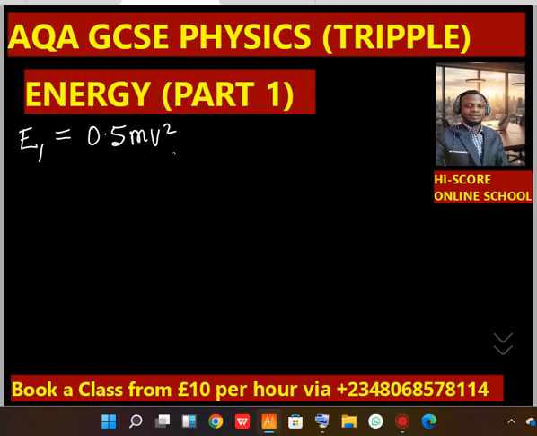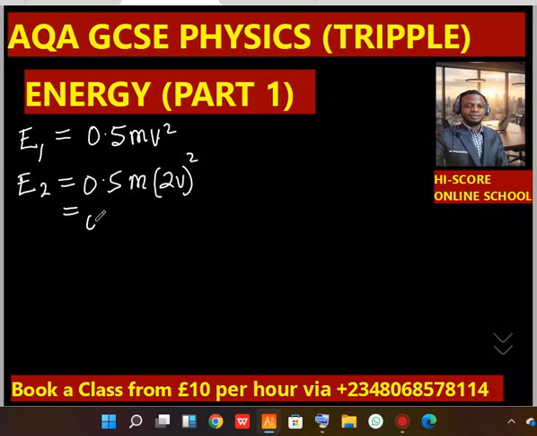So if we double the speed, that means that E2 will be equal to 0.5 m into 2 times v, that is 2v all squared.